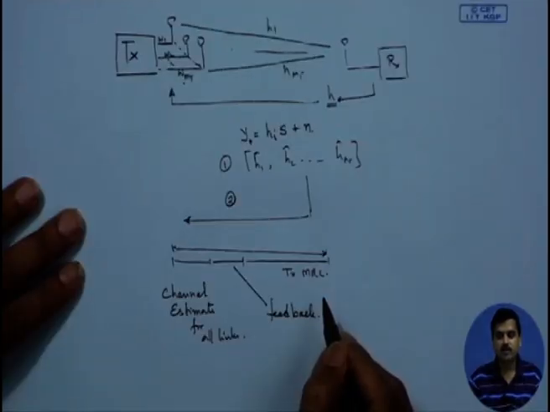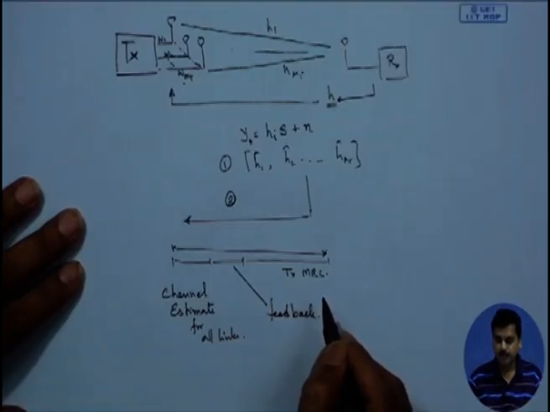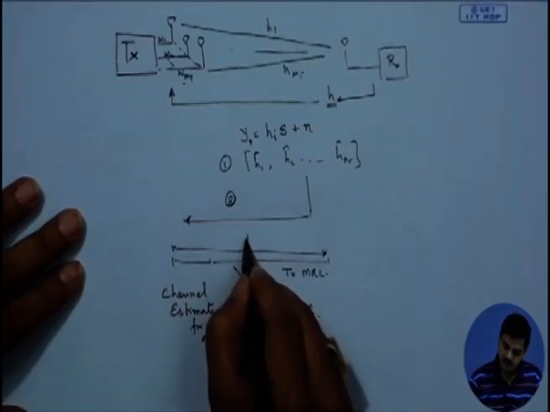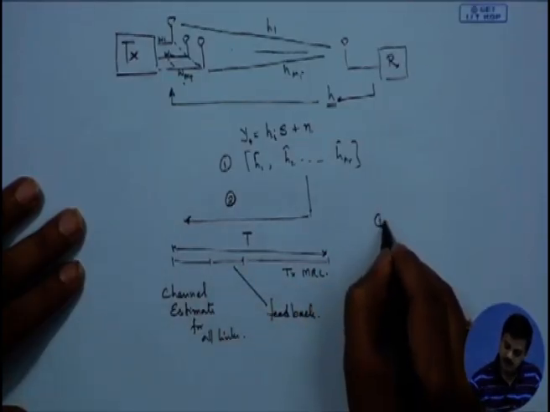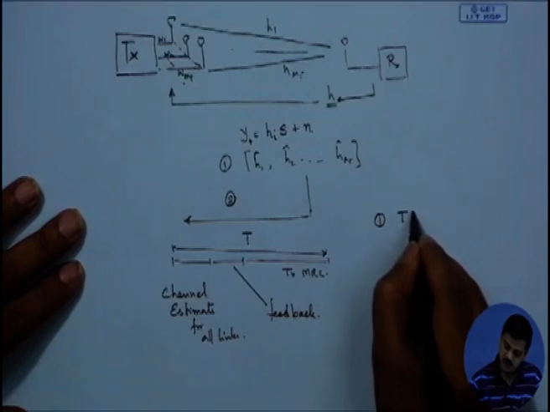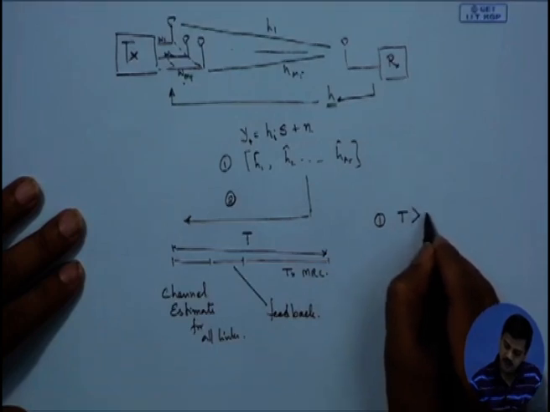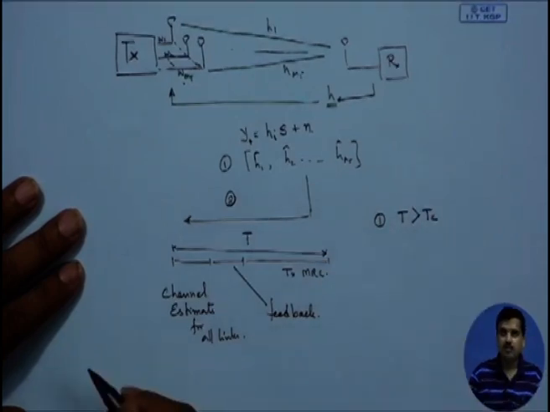So when the channel is completely known at the transmitter, one has to be very careful regarding what is known about the channel. Let's say this duration of time is T. Take case 1, when T is greater than the coherence time. What's going to happen?